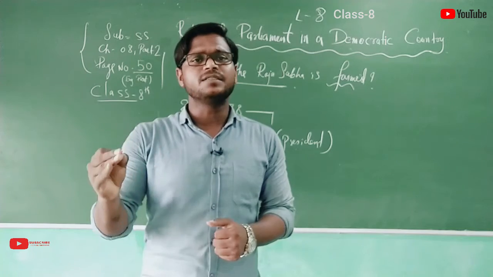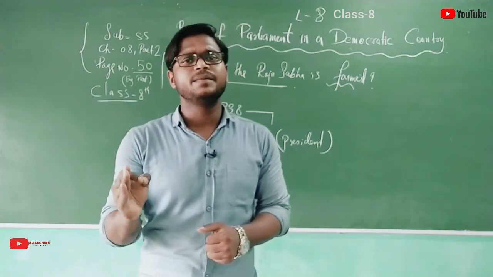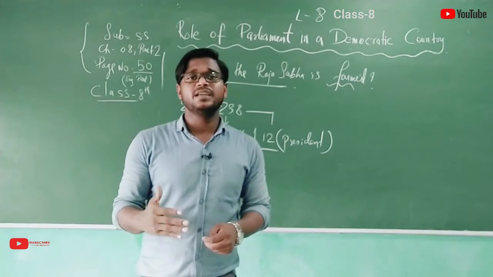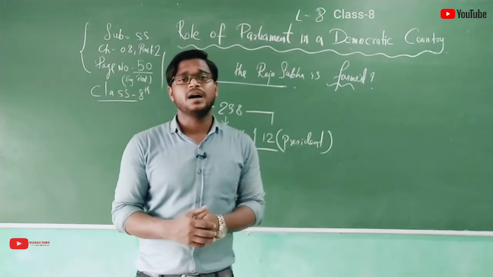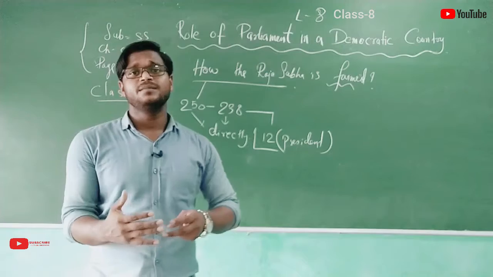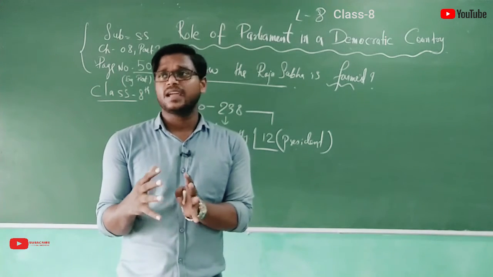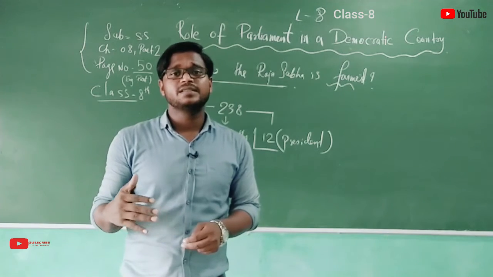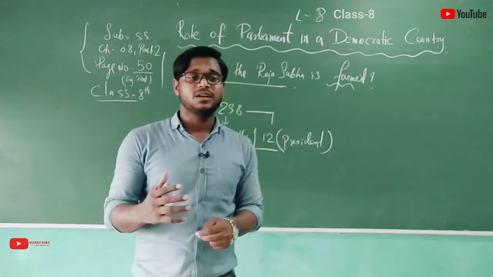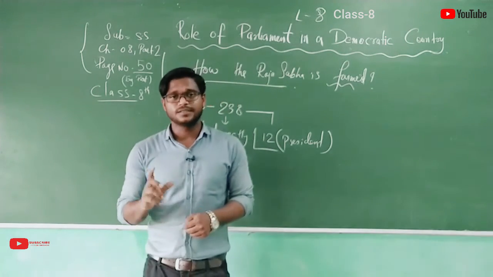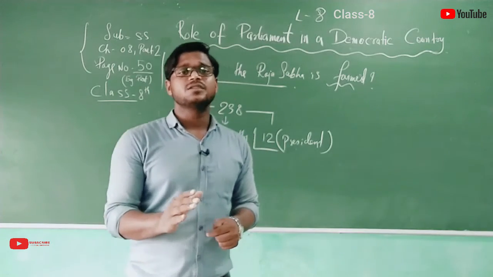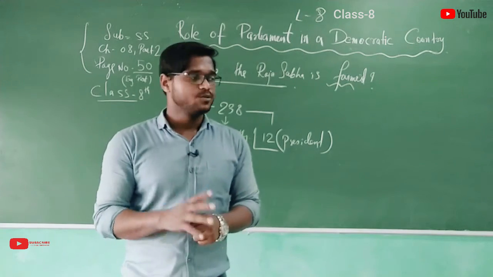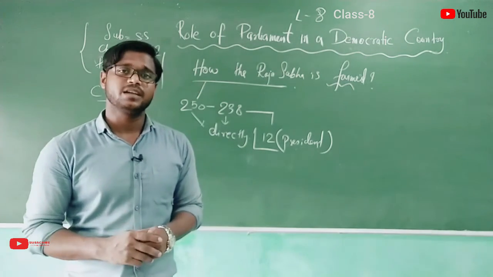One third of the members of the Rajya Sabha retire, that is, every 2 years one third of the members retire. After completing the basic 6 years of the term, new members are elected and included. So that's how the Rajya Sabha works.